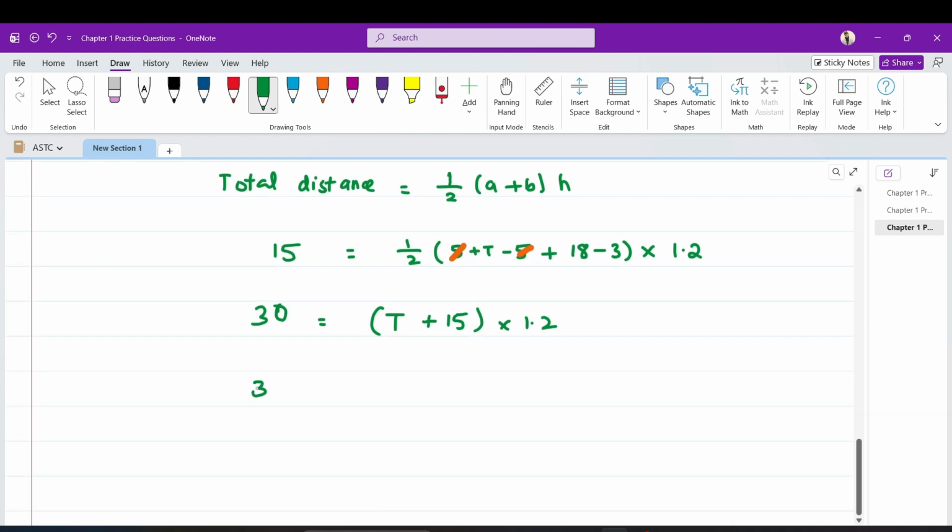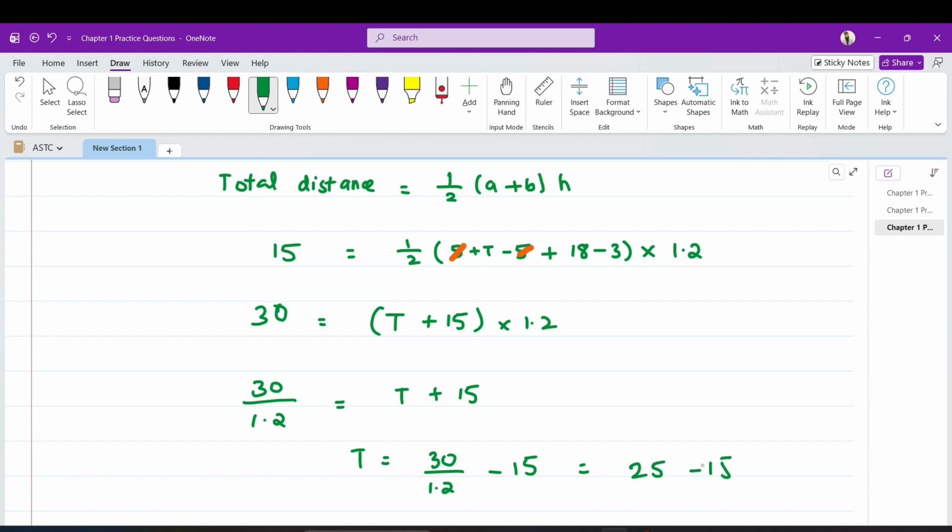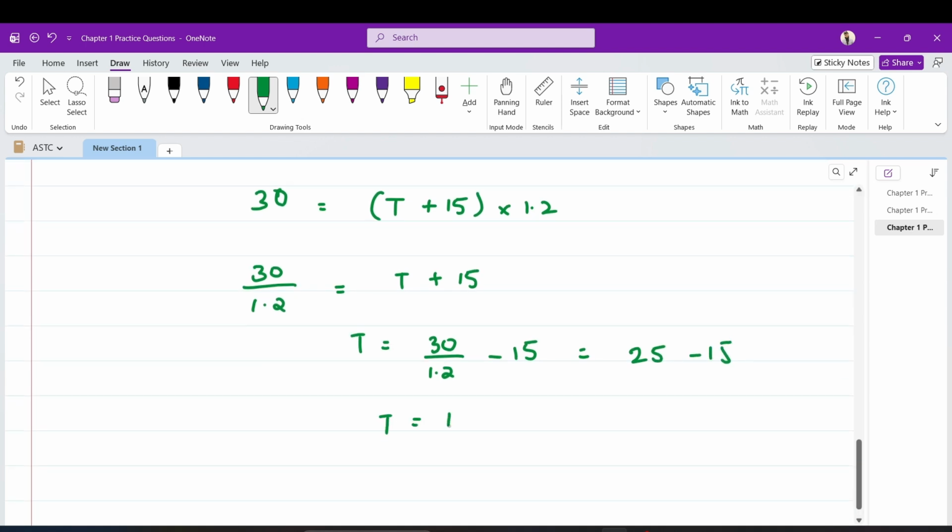So I can divide 1.2 on the other side. I'm going to get t plus 15, so t is equal to 30 over 1.2 minus 15. 30 divided by 1.2 is 25, so this is 25 minus 15. Therefore, t is equal to 10 seconds.